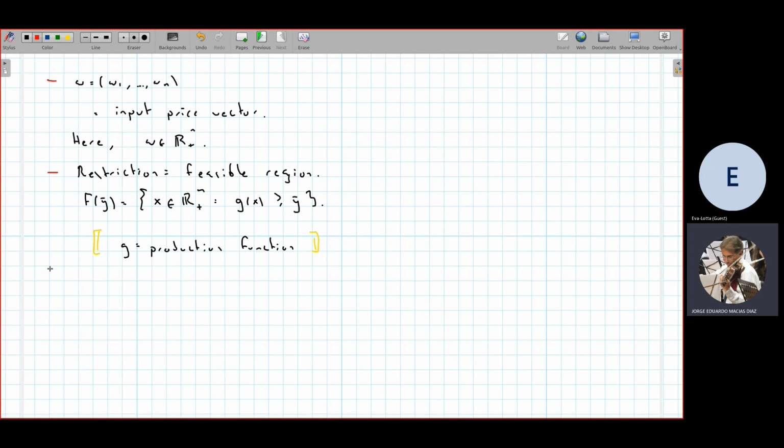Now, in this case, the problem is the following. As we said, we would like to minimize the cost of production. So in other words, we want to minimize W times X subject to the condition that X is in this feasible region.